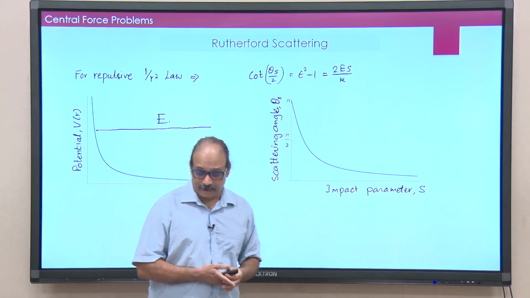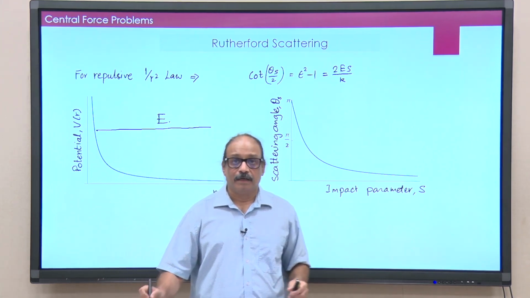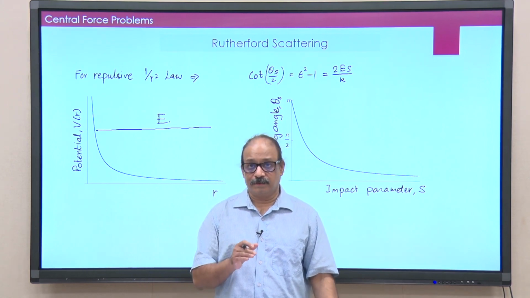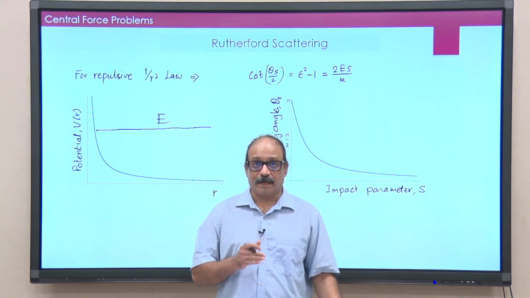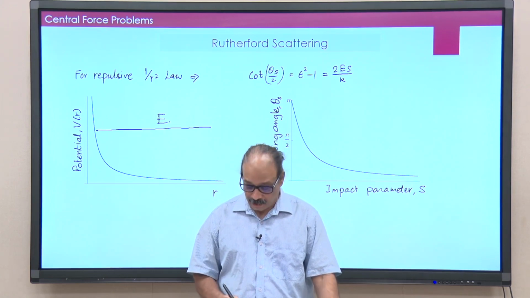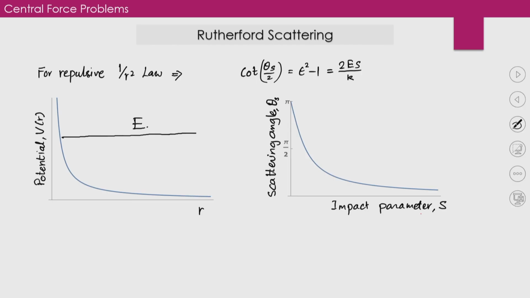And this curve uses the assumption that we made about this potential. If I take an impact parameter here, then the particles are scattered at this angle. In the same way, if I take a different impact parameter, then something like this happens.